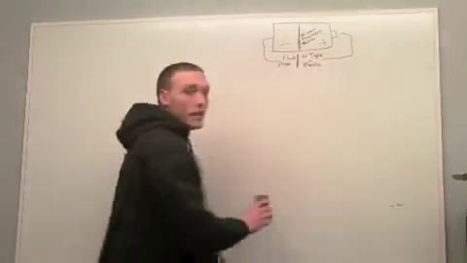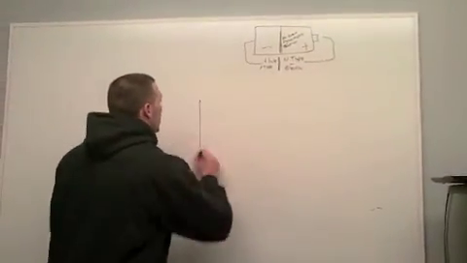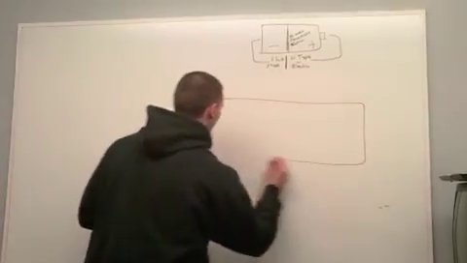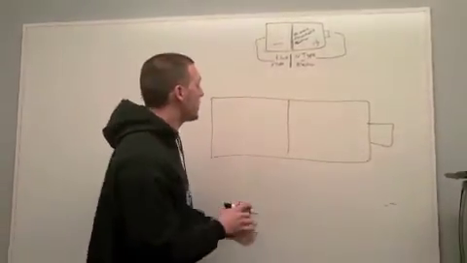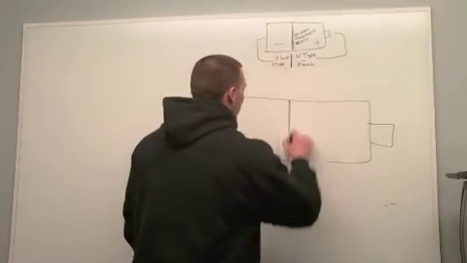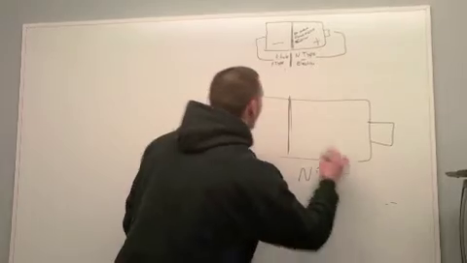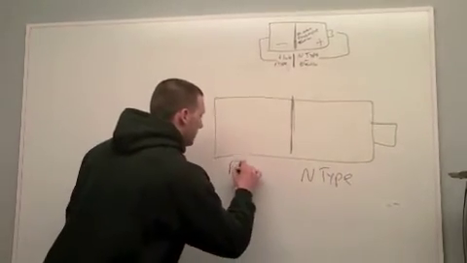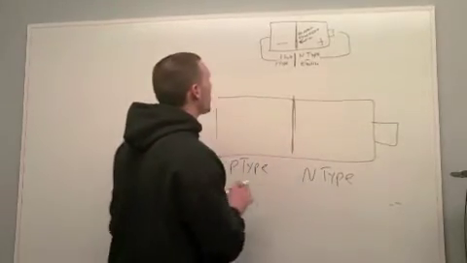Now, a good example of doping is the common battery. In a battery, you have two sides. One's the N-type and one's the P-type. They're the two impurities that I talked about.